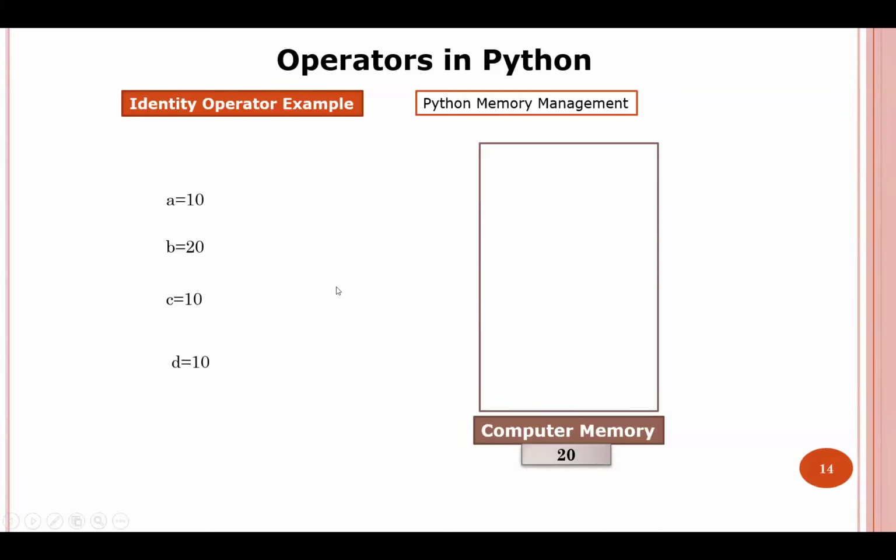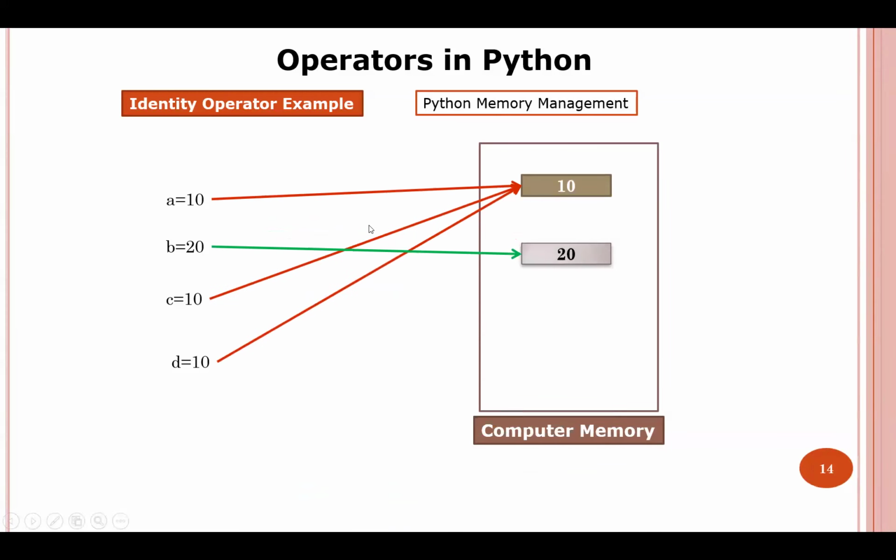Here is the same thing I showed you in Google Colab, in pictorial format. If you have variables a is equal to 10, c is equal to 10, d is equal to 10, and you try to get the address of a, c and d, all the addresses will be the same. This is the beauty of Python.